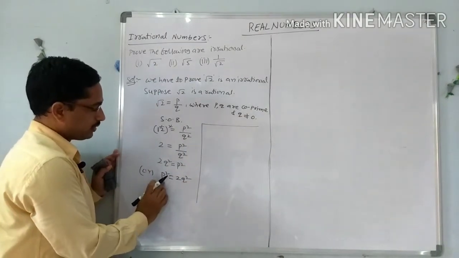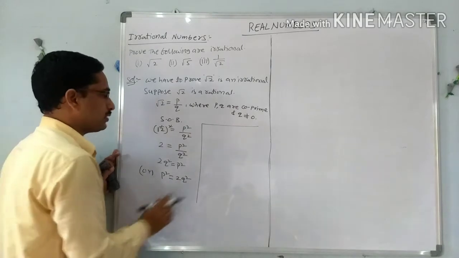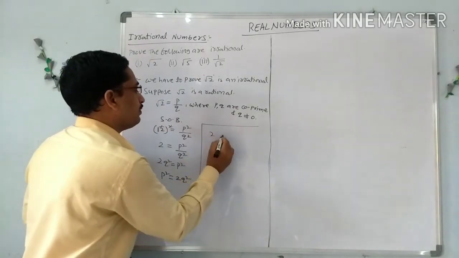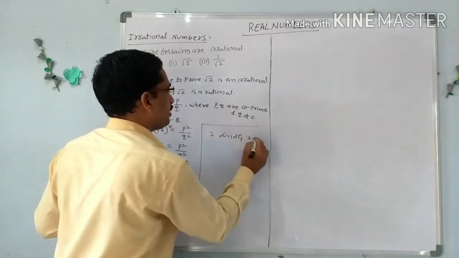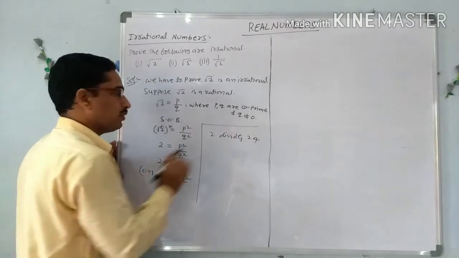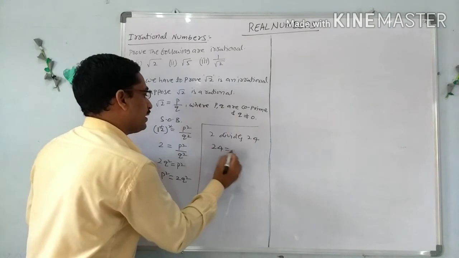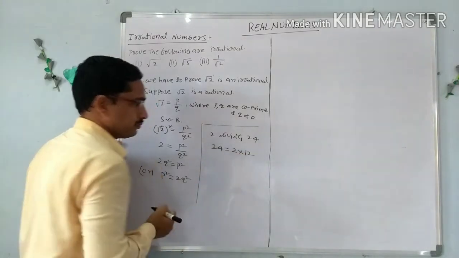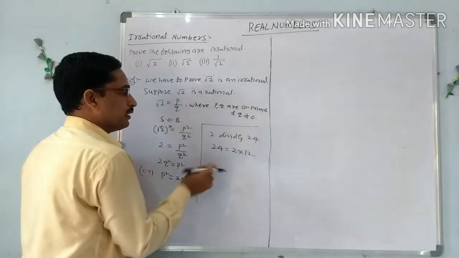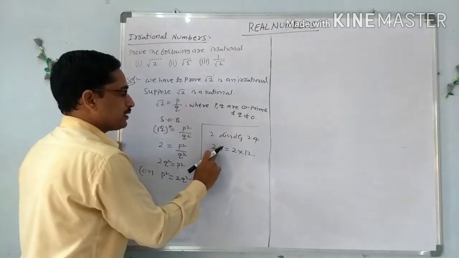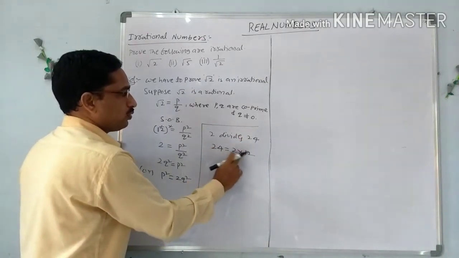Here, what does p square equal to 2q square mean? Suppose p divides 24, then 24 is written as 2 into 12. If 2 divides 24, then we can write 24 as 2 into 12.